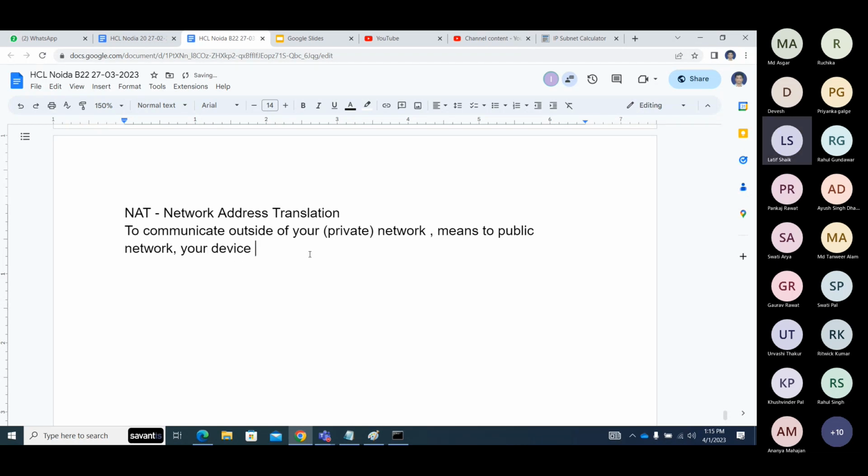Your device should be connected to the public, meaning the internet, and assigned a public IP address.